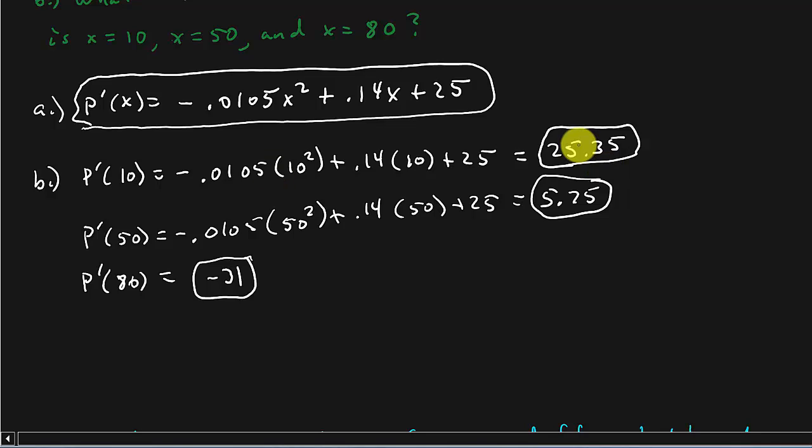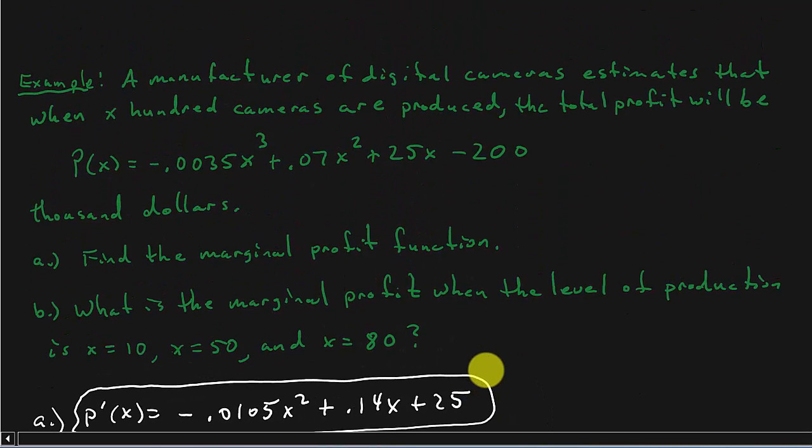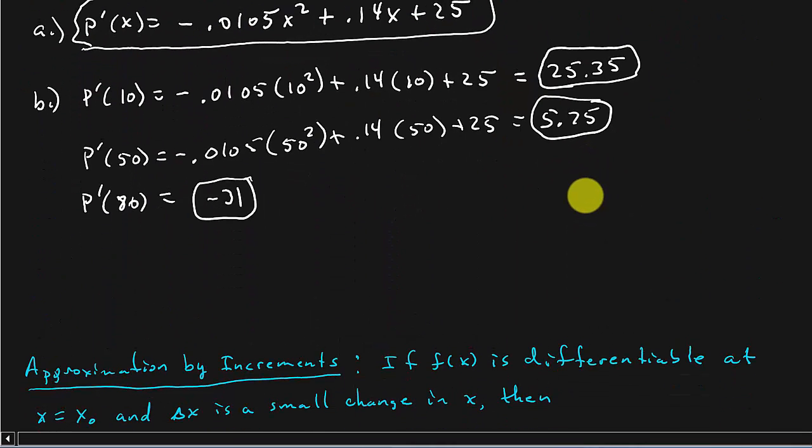Going from the 10th unit to the 11th unit, that's from 1000 to 1100 cameras, because remember, x is in hundreds of cameras. So when we go from 1000 to 1100 cameras, it increases profit by approximately $25.35 thousand.